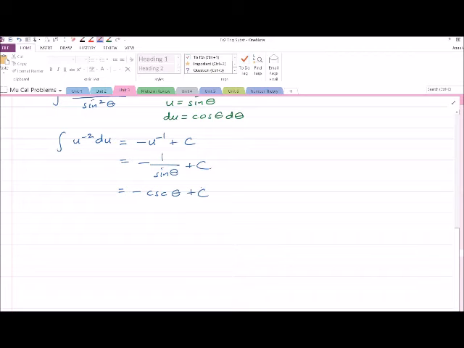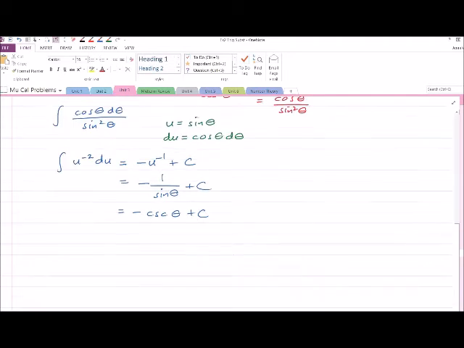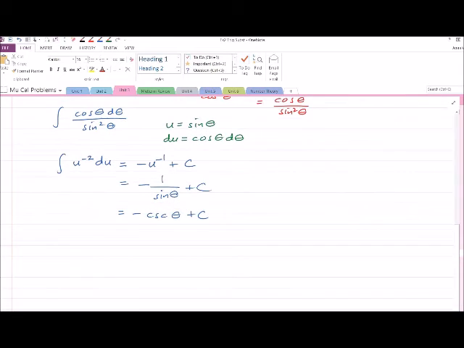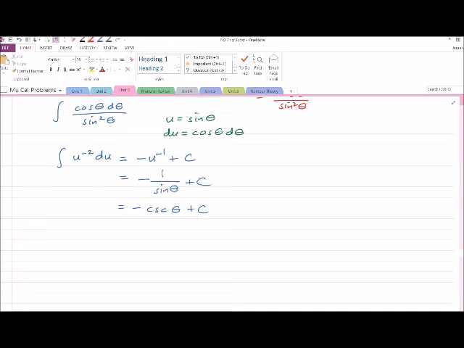And now I end up in a situation where I have a trig function that I did not use to substitute. My original substitution was that x equals the tangent of theta. So this is an example that's going to require a right triangle. So to make a right triangle, I'm going to set it up so that theta is one of the acute angles, and I want the tangent of theta in this triangle to be x over 1.